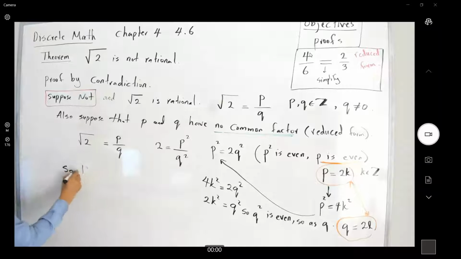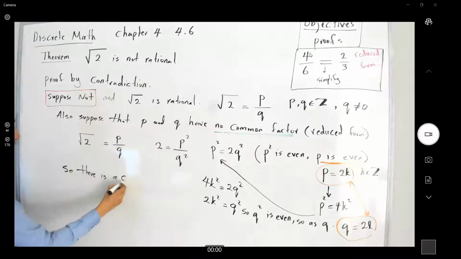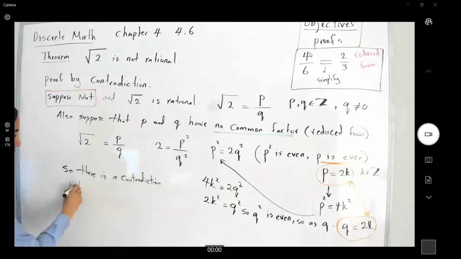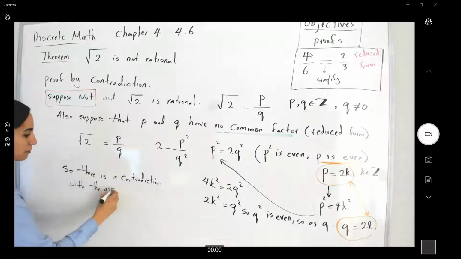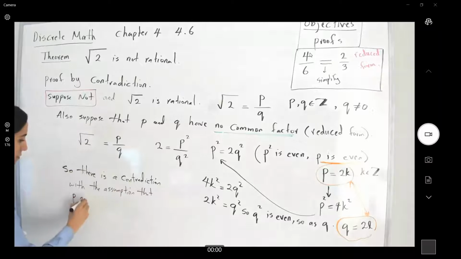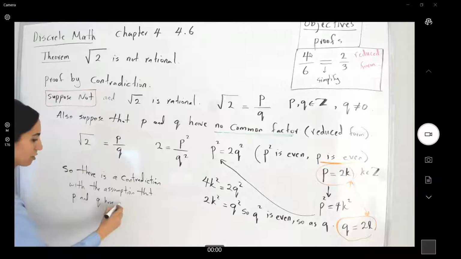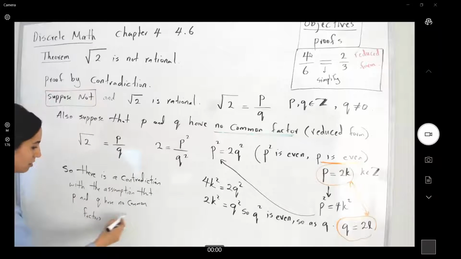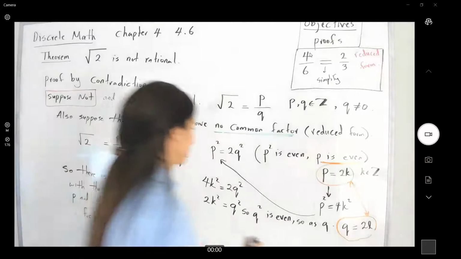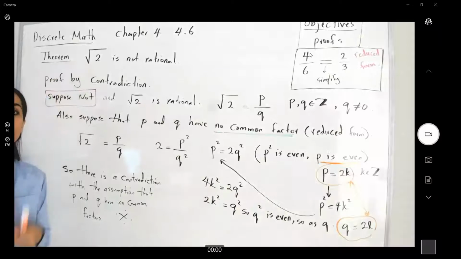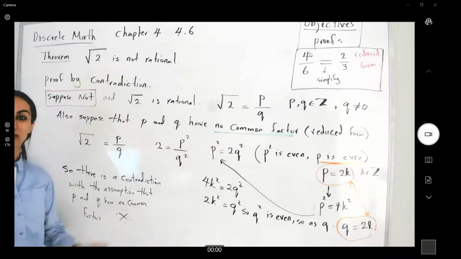So there is a contradiction with the assumption that P and Q have no common factors. This is your contradiction. Very well. So we just showed that the negation of the statement is false. It means that the statement itself is true.